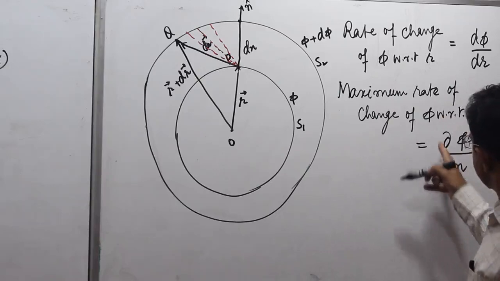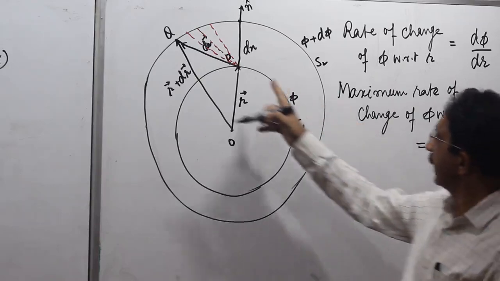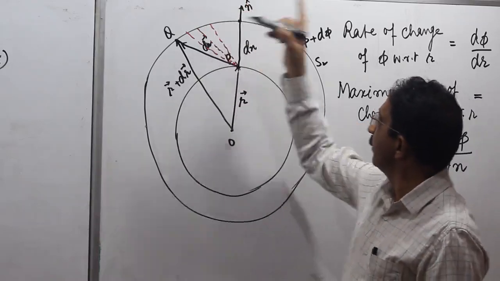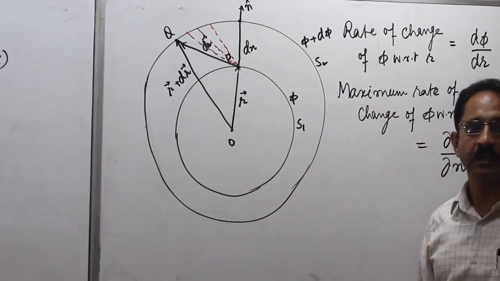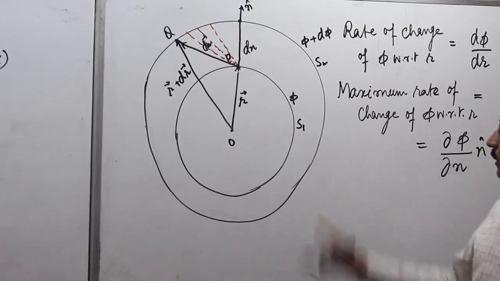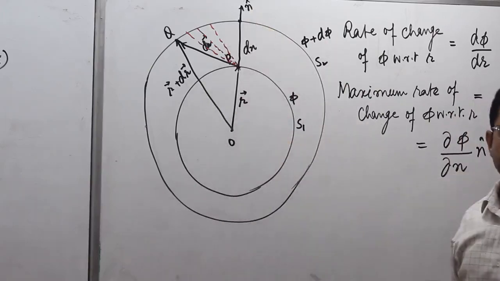And this maximum rate of change has a direction. It is along the direction of n cap, so I attach a unit vector with it that gives us the direction of this change or rate of change.